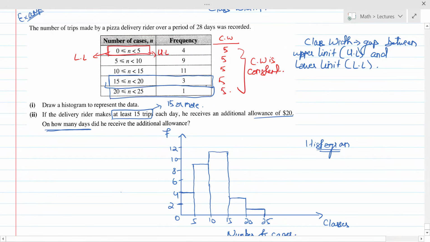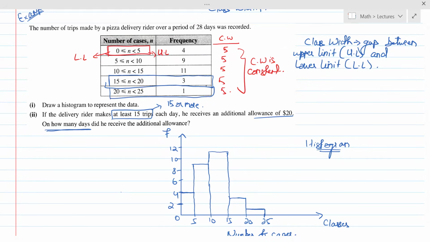So this class also fulfills the required condition of at least 15. So we would be counting the frequency of this class also.